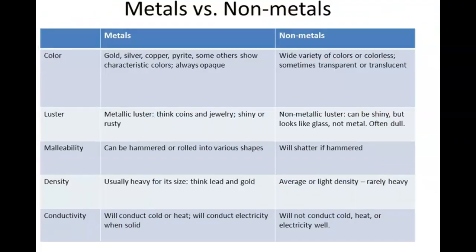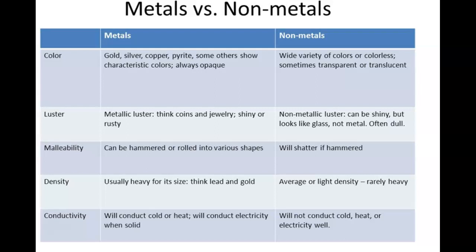Okay, metals and non-metals are very different in their properties. They're different in color. They're different in having or not having luster. They differ in malleability or density or conductivity. Let's talk about each property. So color. Usually metals don't have a variety of colors.